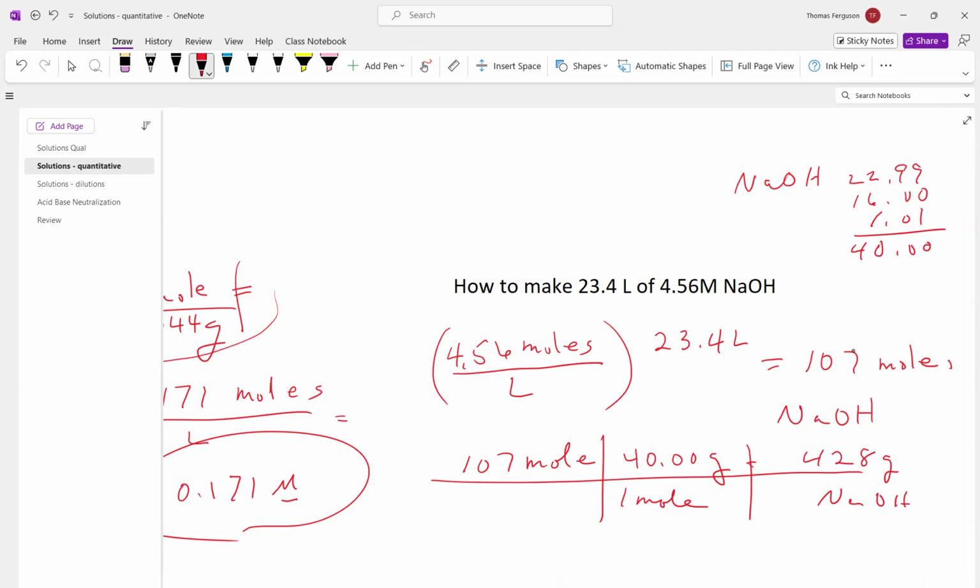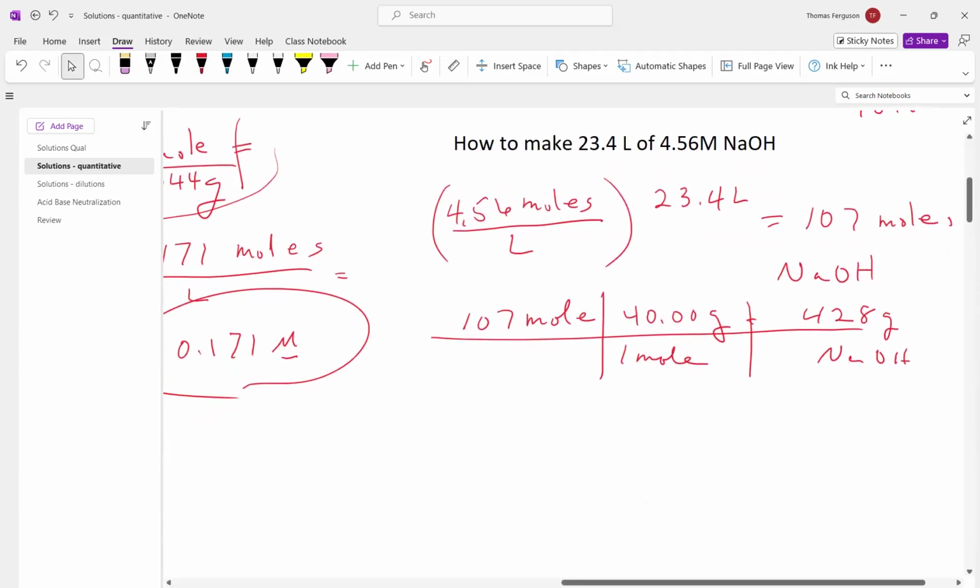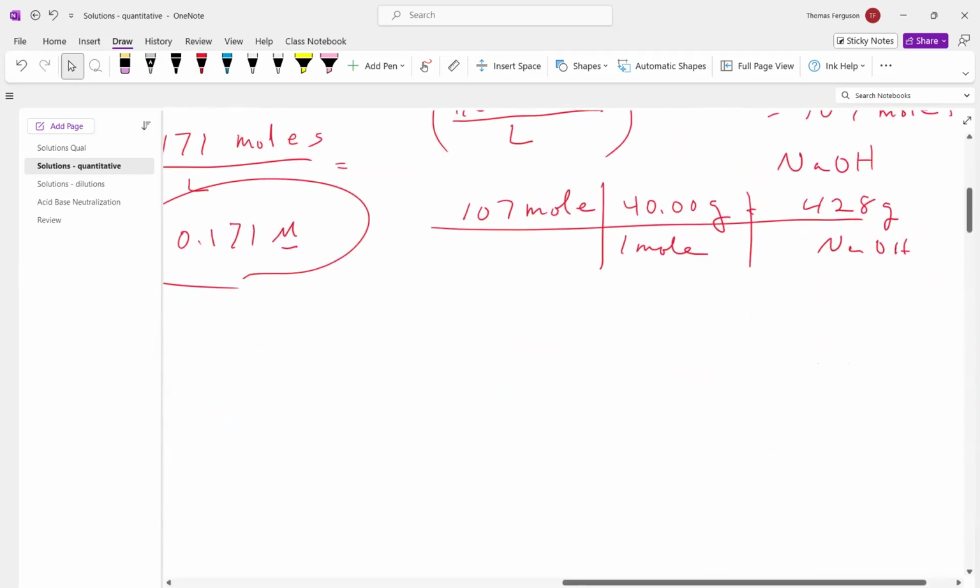Okay, the question says how to make. We're not done yet, because I need directions on how to make that solution up. Now, if you're working in the lab, what I'm going to say next is extremely important. There are two scenarios.